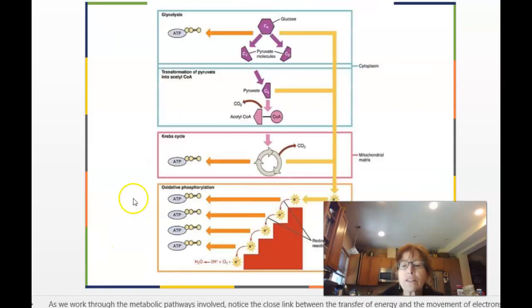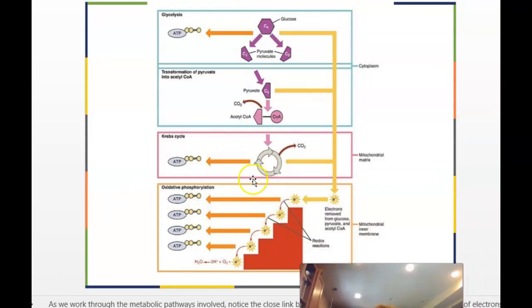So here's Act 1, glycolysis. Here is that half act that I said, so that's the transfer, taking a product of glycolysis and doing something with it so that we can then move it into something called the Krebs cycle right here. And then we're going to take the products of this, and glycolysis takes place in the cytoplasm.